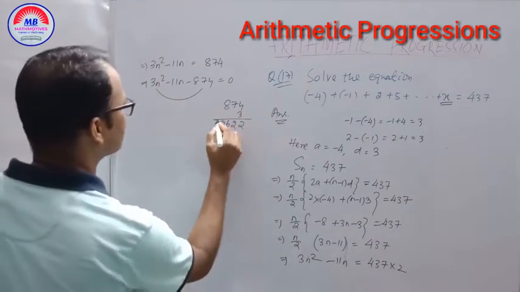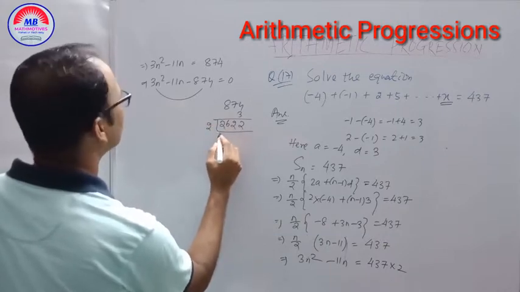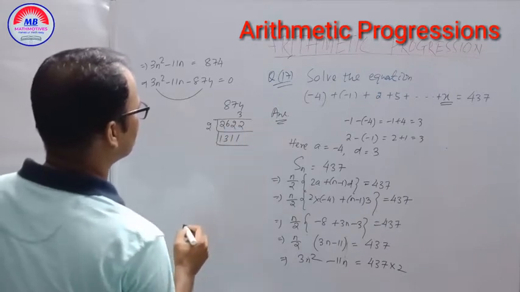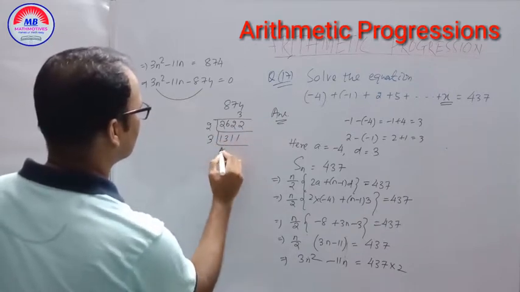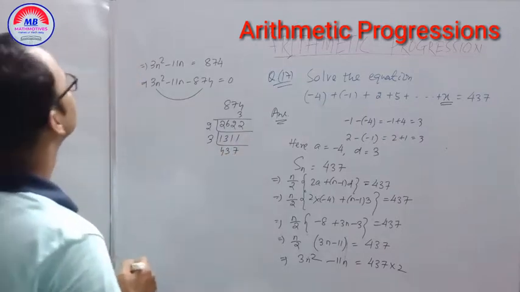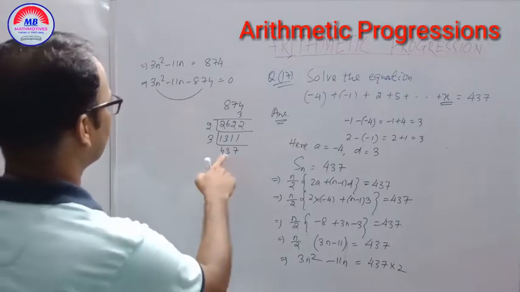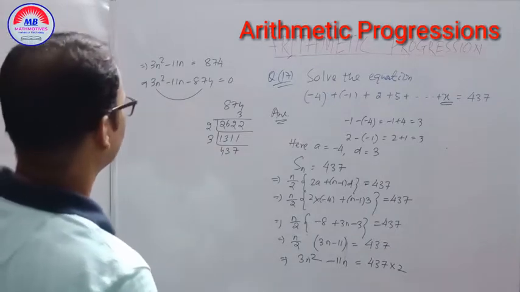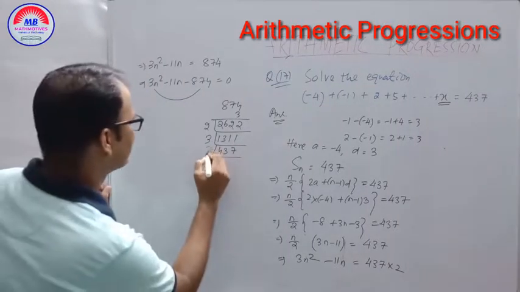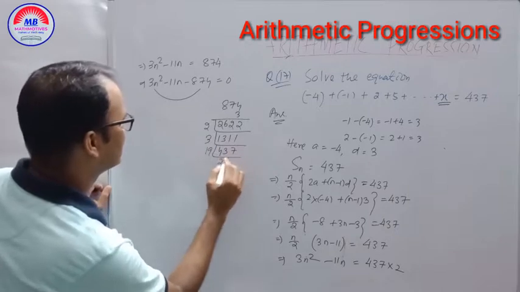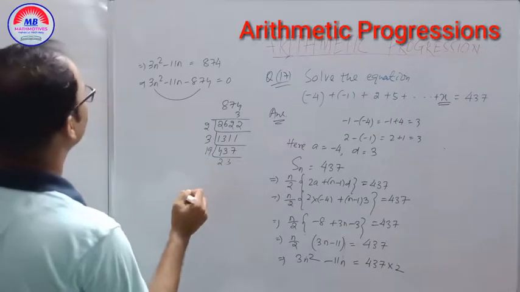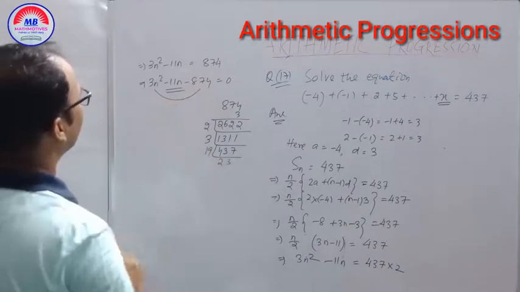Then factorize it: 2, 3, 437, 19, 23. So 2, 3, 19, 23, and the difference will be minus 11.